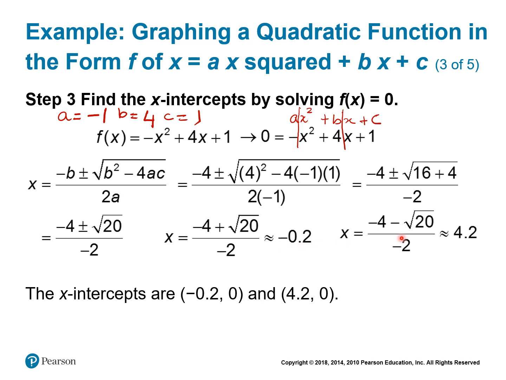The other value of x is -4 minus square root of 20 divided by -2, which is positive 4.2. Just keep in mind, this plus minus means there are 2 values of x.